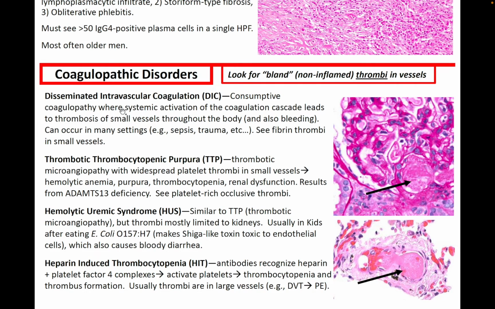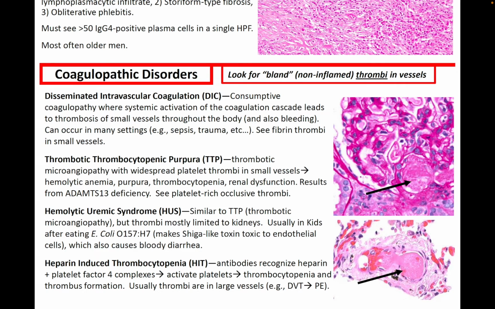You can also have hemolytic uremic syndrome, or HUS, which is similar to TTP, but the thrombi are mostly limited to the kidneys, and it usually occurs in kids after eating E. coli O157:H7, which makes the Shiga-like toxin, which is toxic to endothelial cells and can lead to bloody diarrhea.